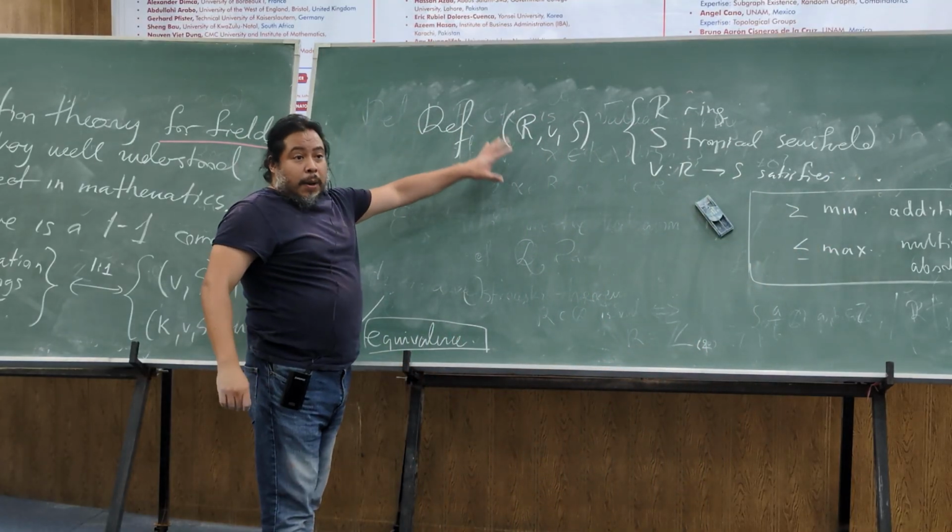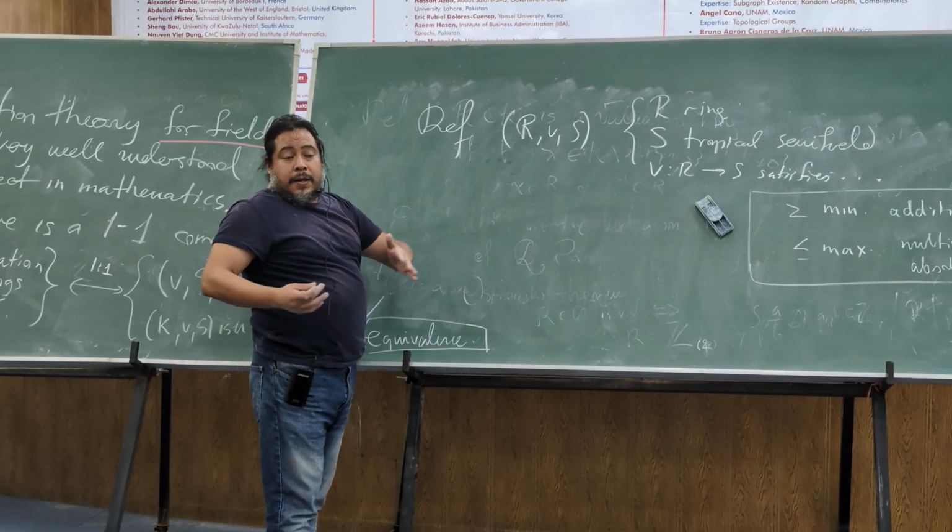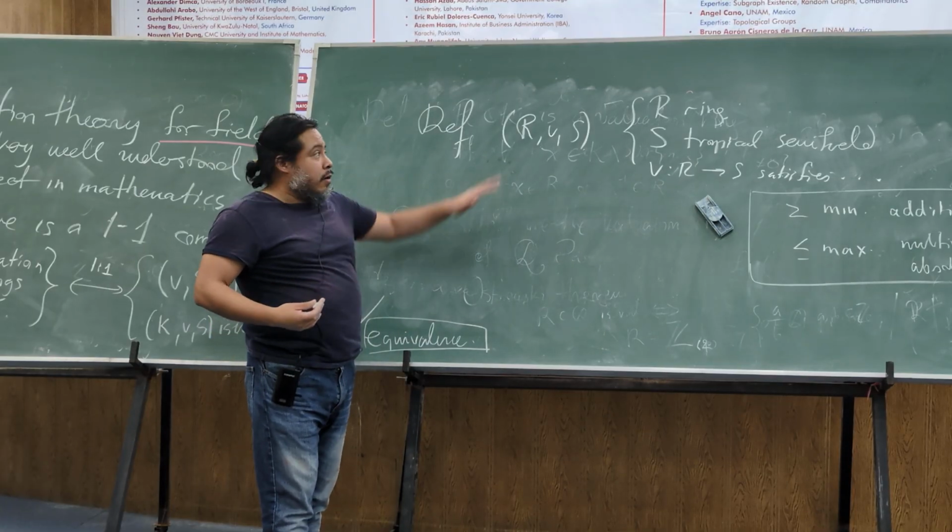In some essence, the equivalence classes of these objects come from algebra because they are controlled.